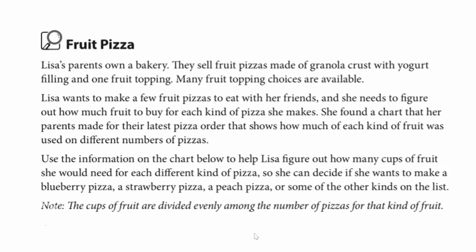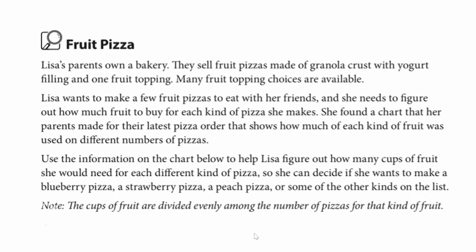Lisa wants to make a few fruit pizzas to eat with her friends, and she needs to figure out how much fruit to buy for each kind of pizza she makes. She found a chart that her parents made for their latest pizza order that shows how much of each kind of fruit was used on different numbers of pizzas.